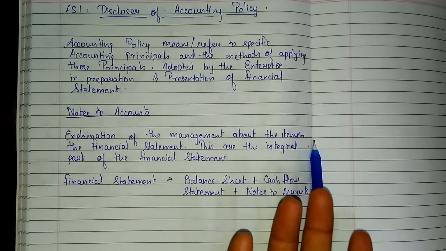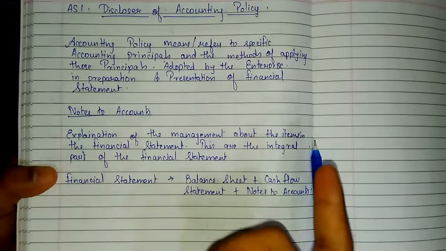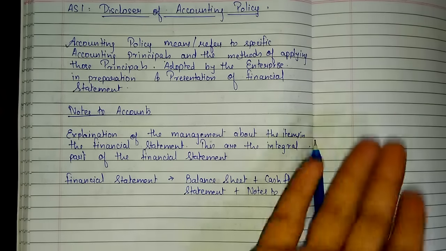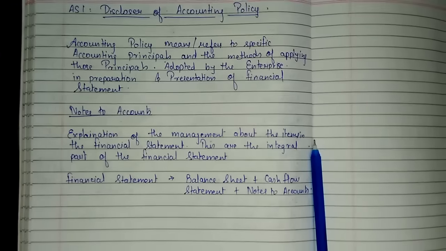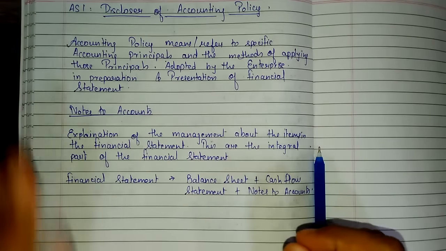Why such differences are there is written in notes to accounts. So these are the explanation of the management about the items in the financial statement, why they have changed, why they have increased or decreased, why they are written off and all. So your basics should be strong before starting accounts of IPCC.